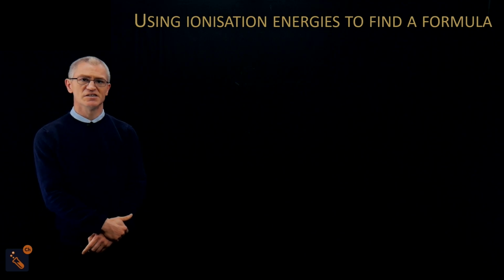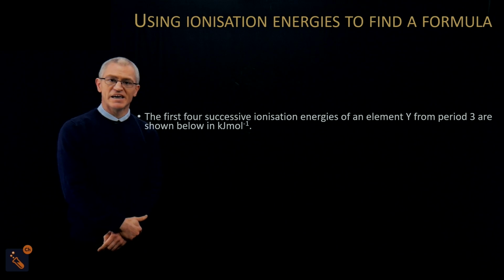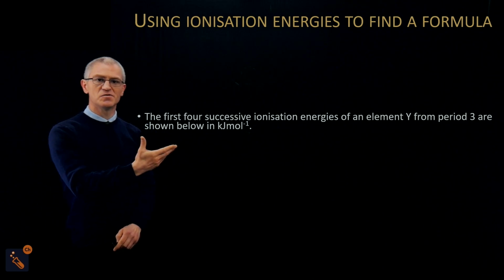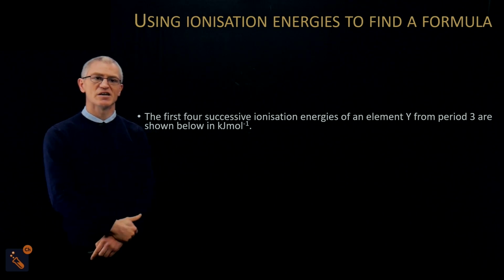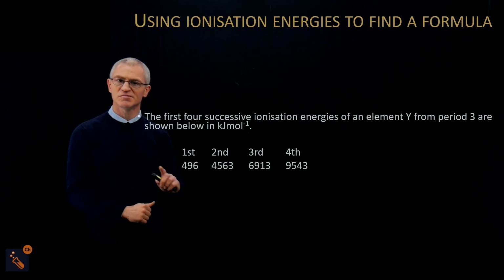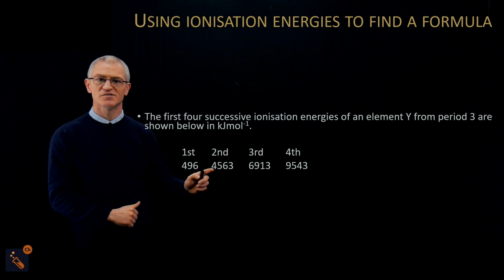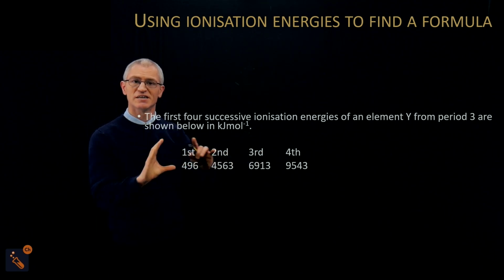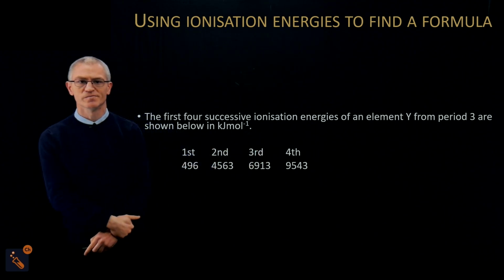Now, our final question is using ionisation energies to find a formula. Again, it's a common question. The first 4 successive ionisation energies of an element Y from period 3 are shown in kilojoules per mole. We're going to use the same technique that we used before. We're going to look at the differences, but I've just shown you that it can be presented in a different way and not necessarily a table.